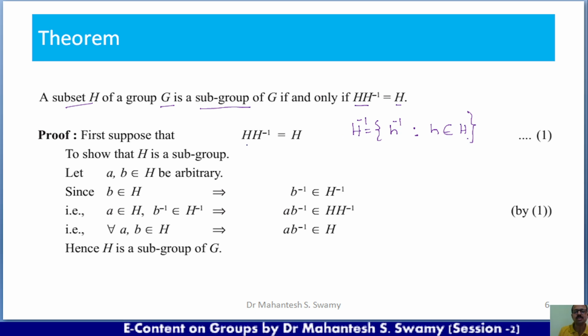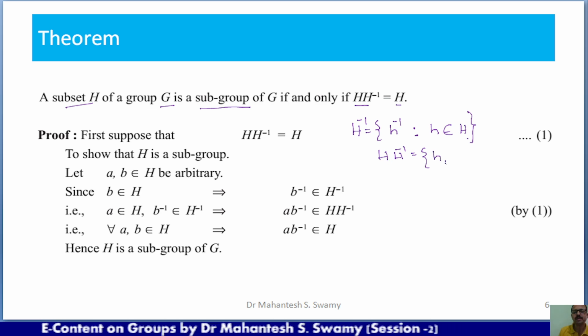Now, the product H H inverse is the set containing elements like this: an element of H may be h1, and an element from capital H inverse may be h2 inverse.